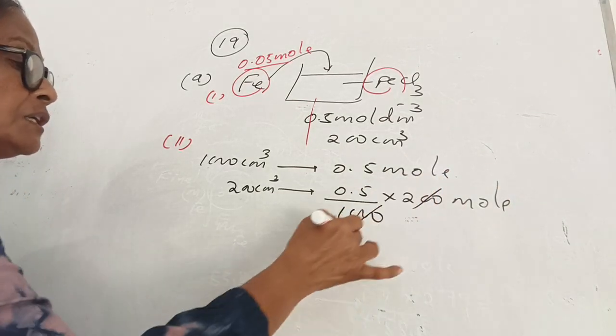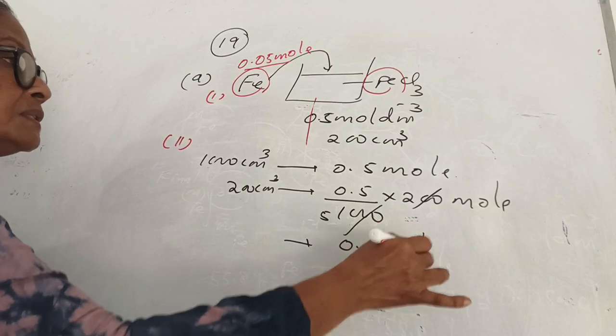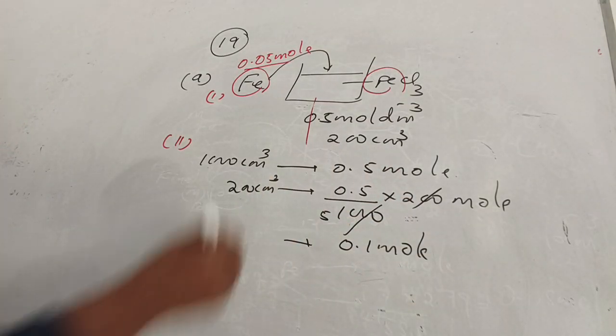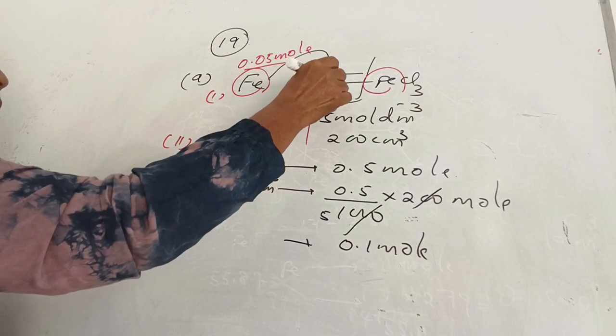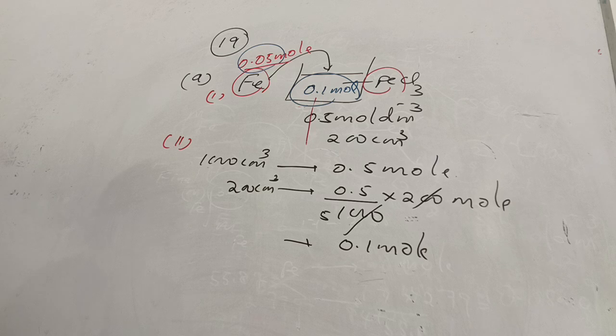On simplification it becomes 0.1 moles of iron 3 chloride. Now it is very clear: 0.05 mole of iron was added to 0.1 mole of iron chloride. Use this answer for your third part.